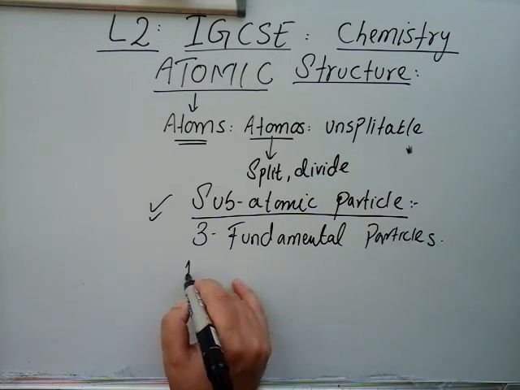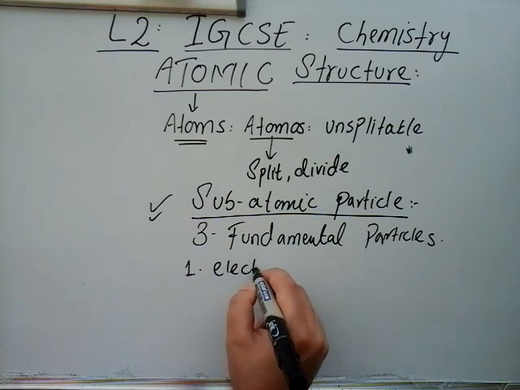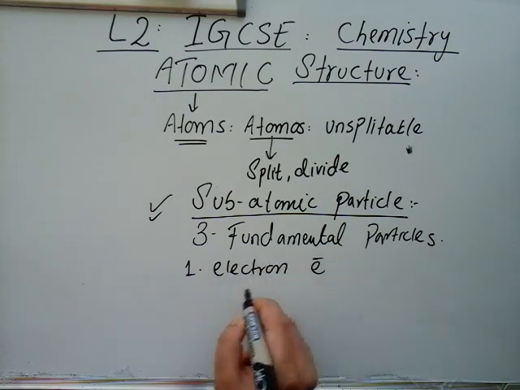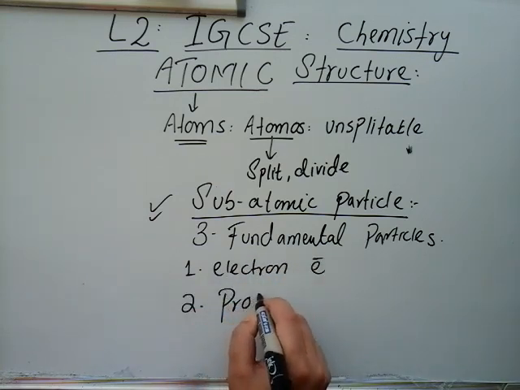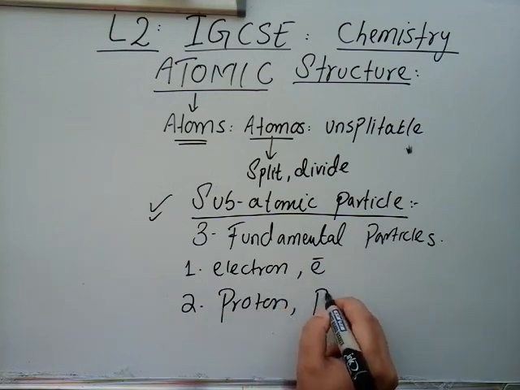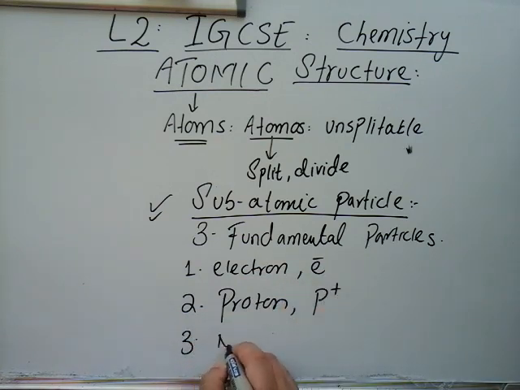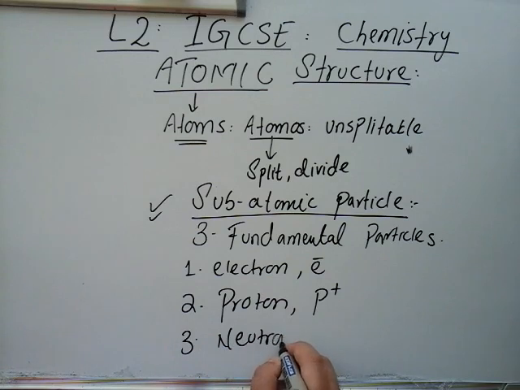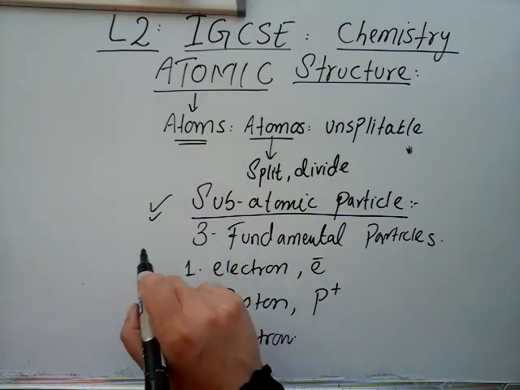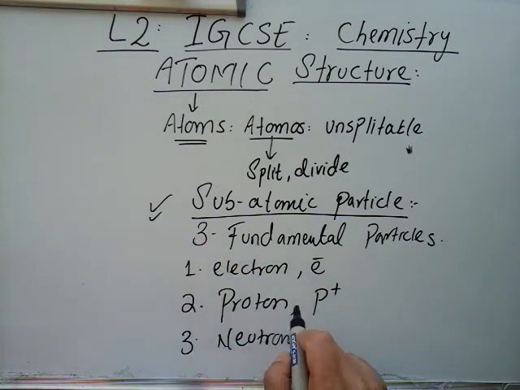These are: number one, electron, proton, and neutron. Is that clear? An atom is made up of these three fundamental particles.